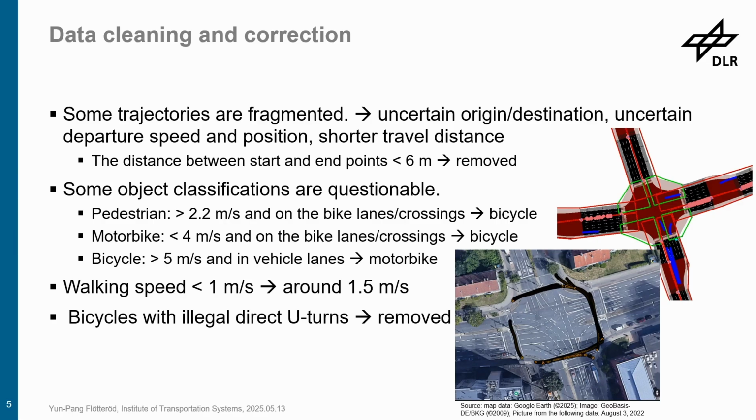And lastly, as you can see here, the bicycle paths are available in all directions, so we removed the trajectories of bicycles with illegal direct U-turns. Such situations also happen very, very rarely.